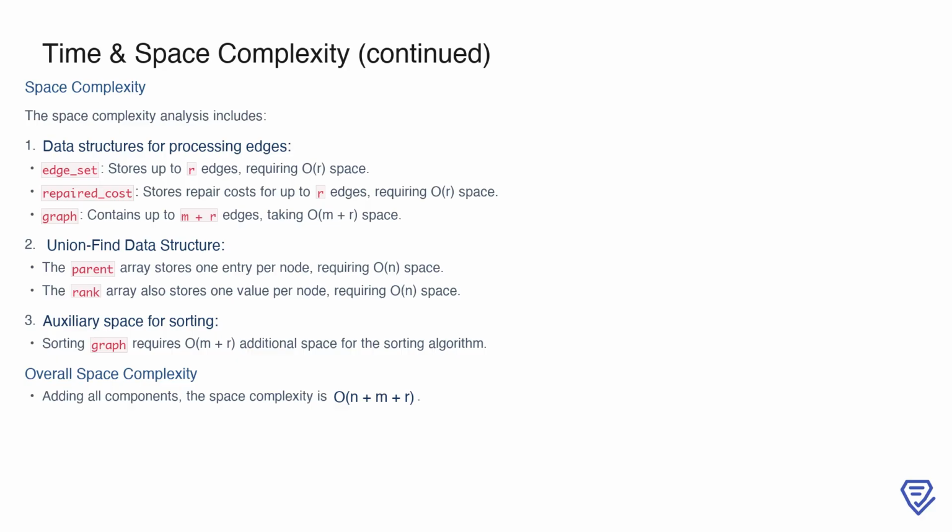The parent array, which is used to keep track of connected components, requires one entry per node, resulting in O(N) space. Similarly, the rank array, which helps optimize the union operation, also requires O(N) space. Additionally, the sorting operation for the graph requires auxiliary space of O(M plus r). When we combine all these components, the overall space complexity of the solution is O(N plus M plus r).